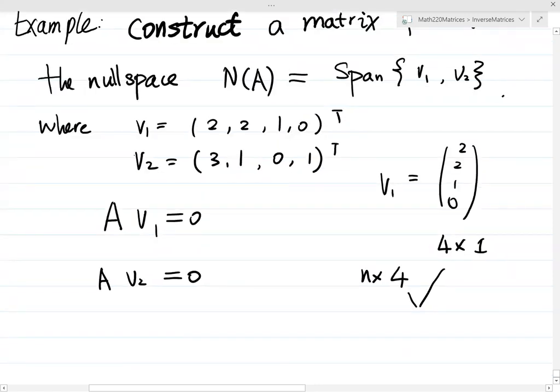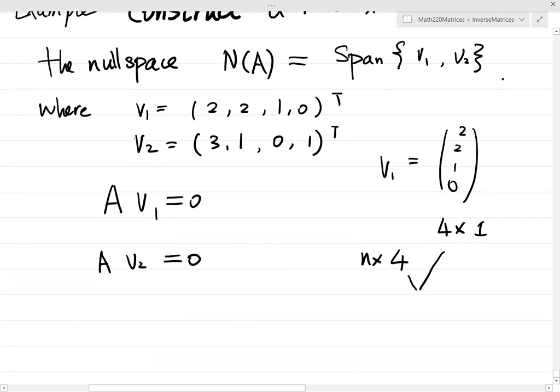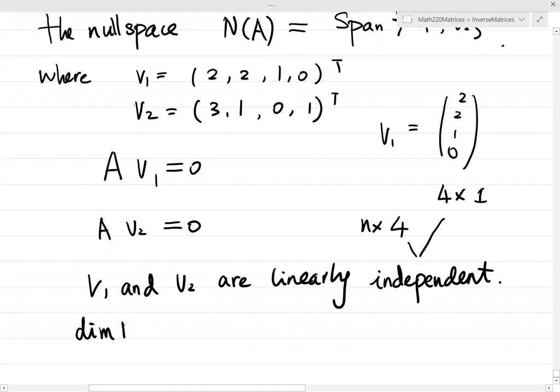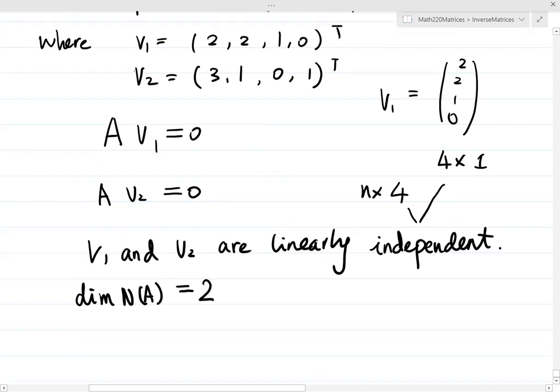Now, first, the two vectors V1 and V2 are clearly linearly independent. If you look at the last two entries of V1 and V2, you will see they are linearly independent, which means the dimension of the null space is 2. Now the number of columns of A is 4.